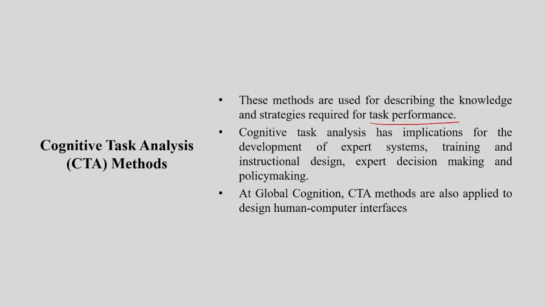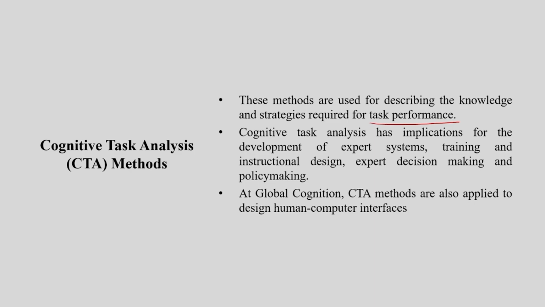Cognitive task analysis has implications for development of various expert systems, training and instructional design, experts' decision making and policy making. See, why all these? Whenever we are talking about task performance, a person is performing a particular task, so a kind of job demand is there, kind of requirements are there, and what is the performance level, what is the competency level.